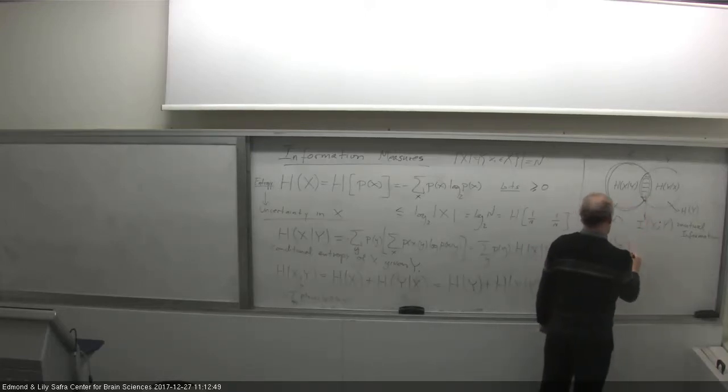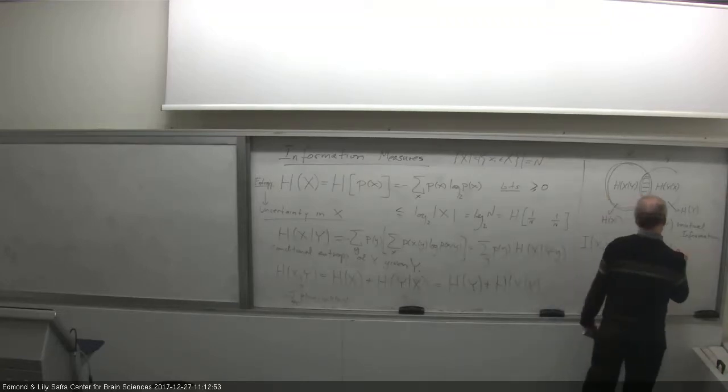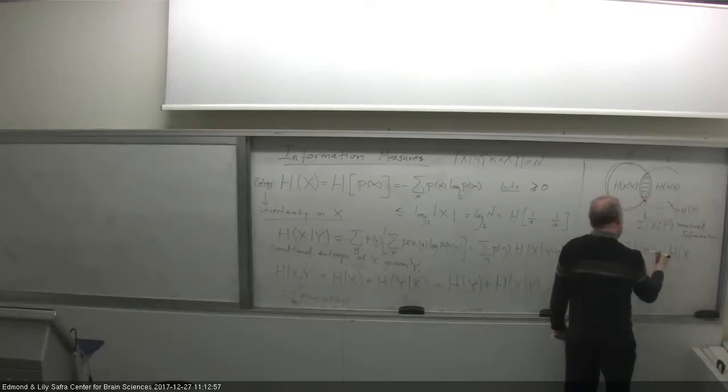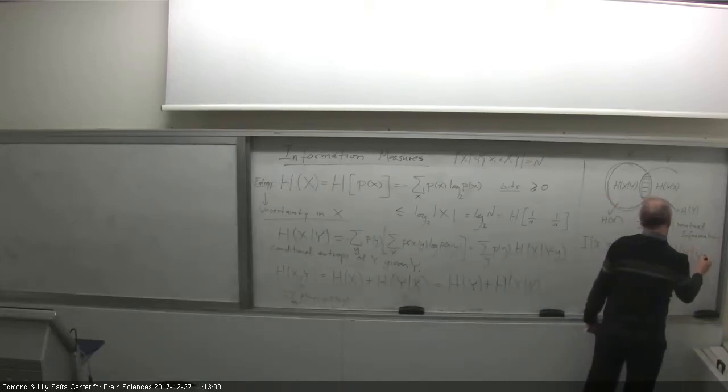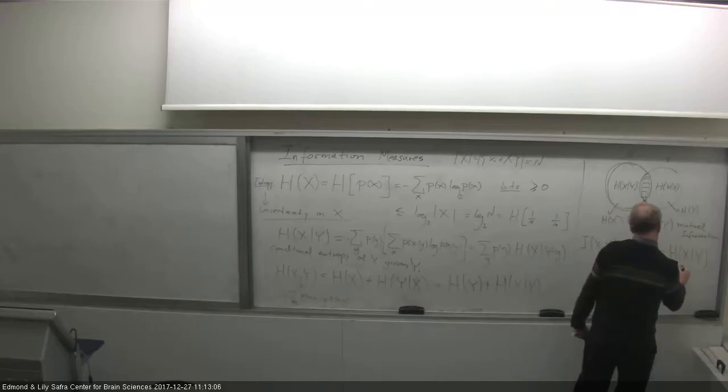But this I(x;y) can be written in several ways just from this Venn diagram. For example, it's the uncertainty of x minus the uncertainty left in x when I know y, which is also the uncertainty of y minus the uncertainty of y when I know x.